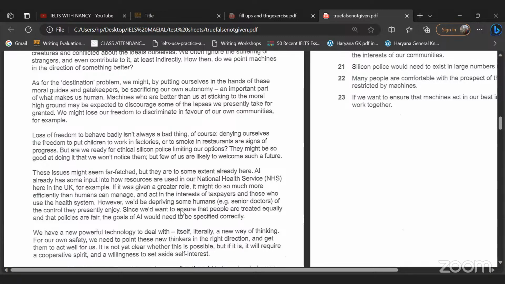However, we would be depriving some humans, for example senior doctors, of the control they presently enjoy. Since we would want to ensure that people are treated equally and that policies are fair, the goals of AI would need to be specified correctly.